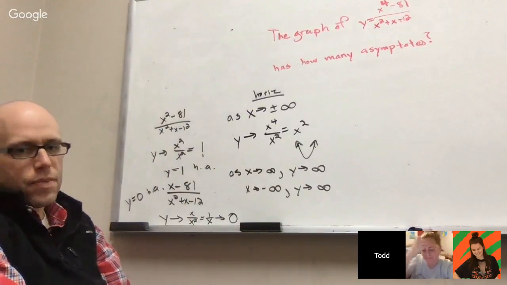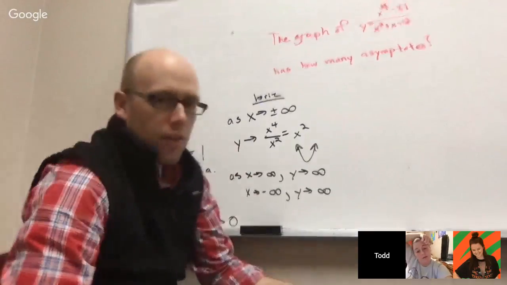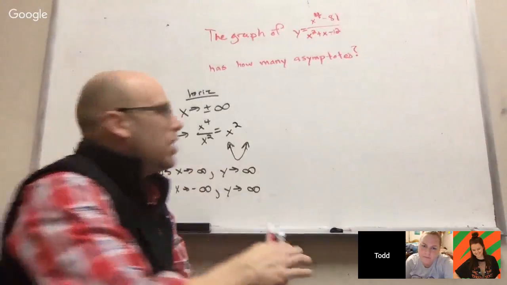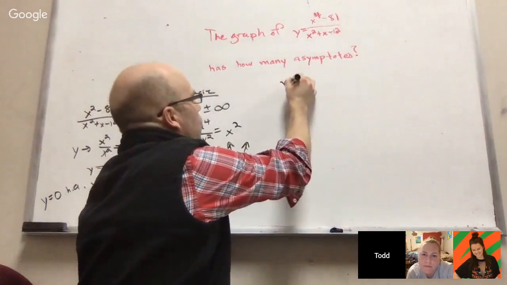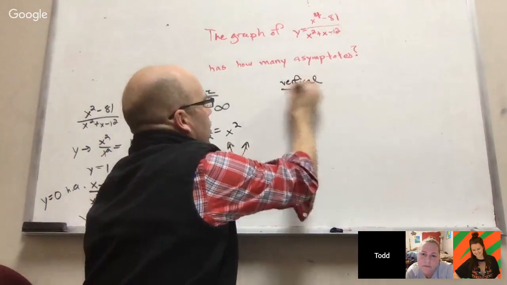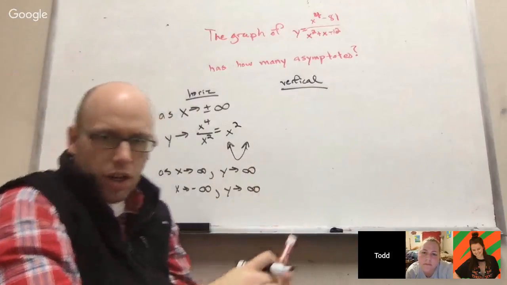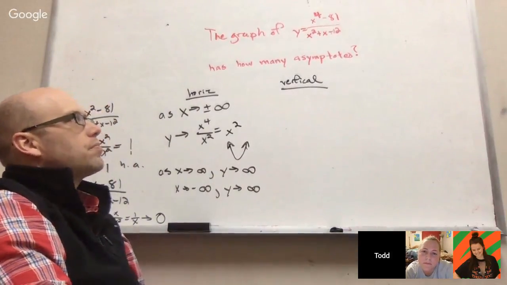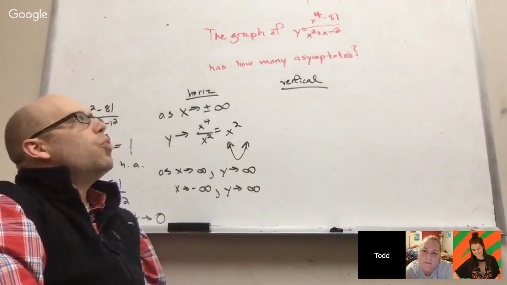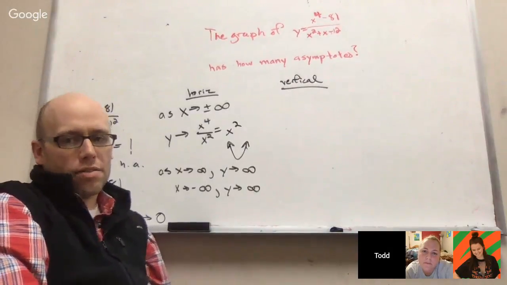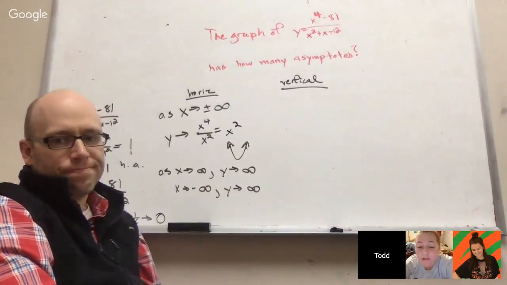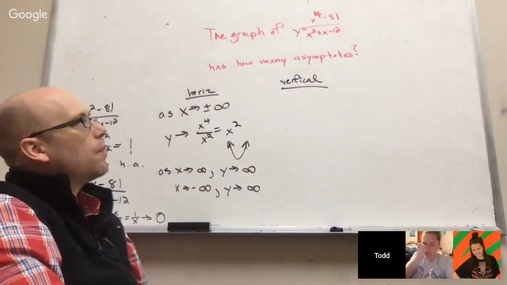Now, back to this question, which is really what we're concerned with. I really want to know about the vertical asymptotes. Since there are no horizontal asymptotes, I really need to worry about the vertical asymptotes. So when will I have a vertical asymptote? I'm clueless. Okay.